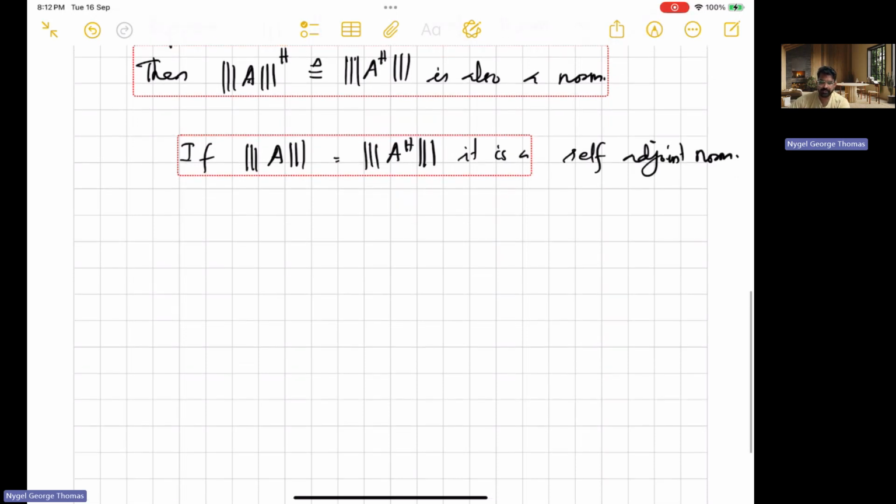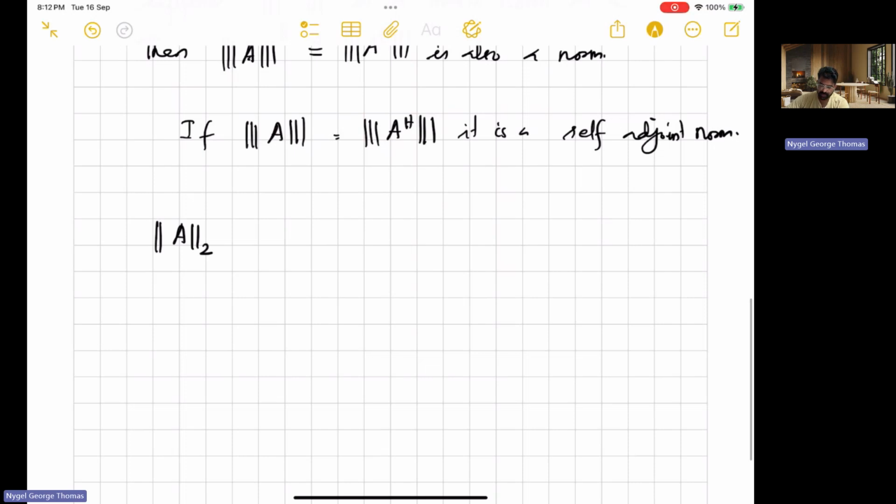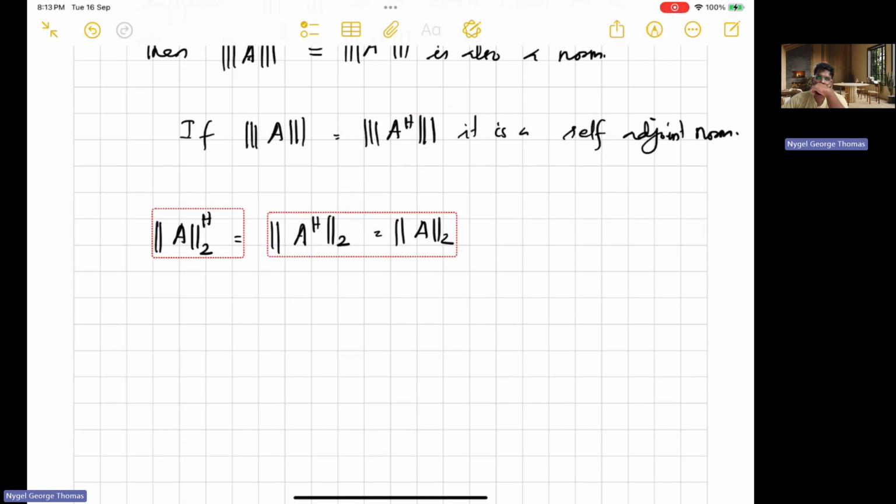Let's look at a few examples. One is the vector L2 norm of A. This is equal to the norm of A Hermitian. Why? Because here we are just taking the squares of all terms, adding them together, and taking the root. Even if we transpose it, it doesn't make any difference.